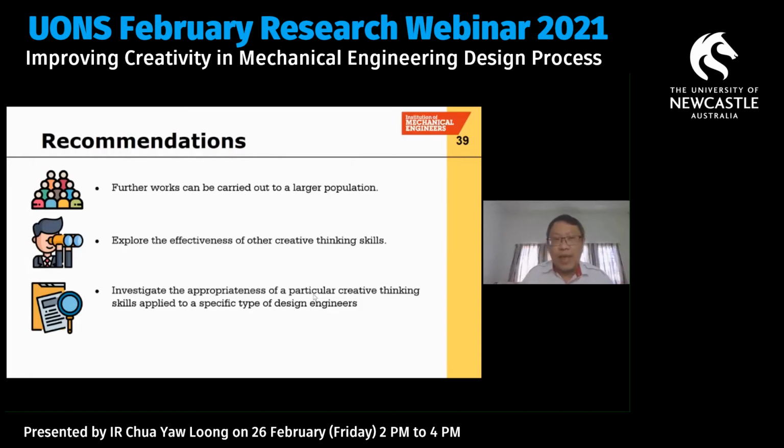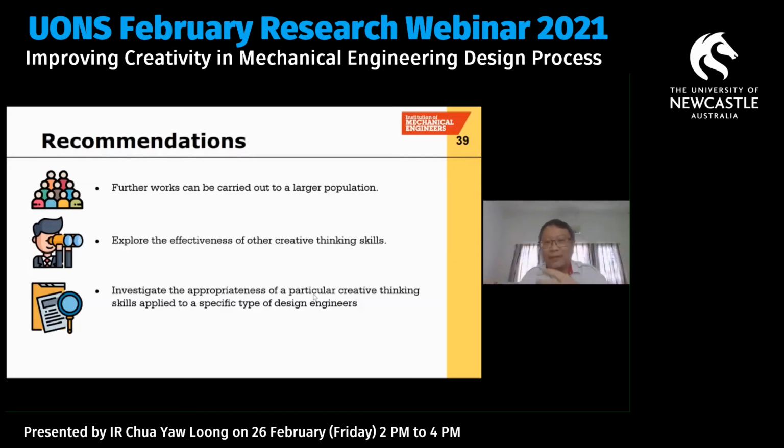For instance, we can look into whether mechanical engineers are more effective using, let's say, morphology, whereas civil engineers are more creative in their design using different skills like attribute listing, and electrical engineers are more creative using mind mapping. We try to match them. This is something that we can look into.